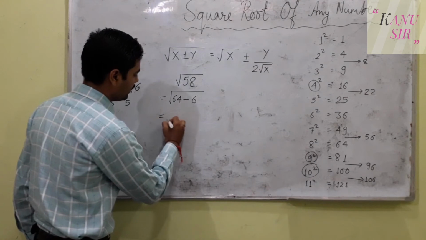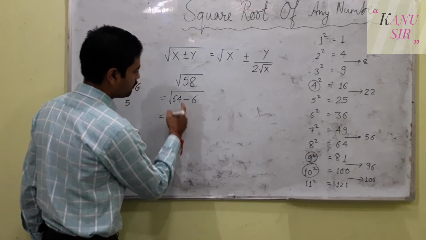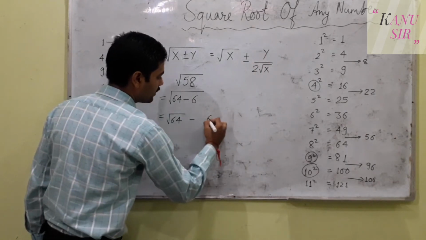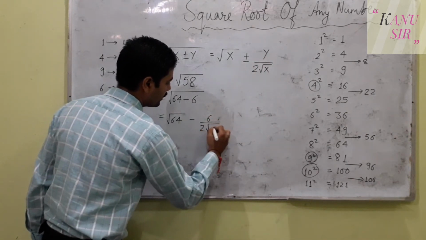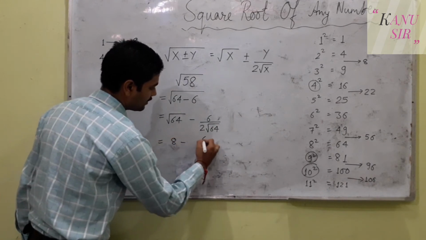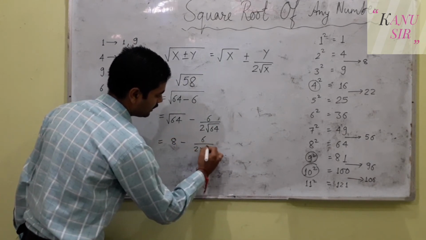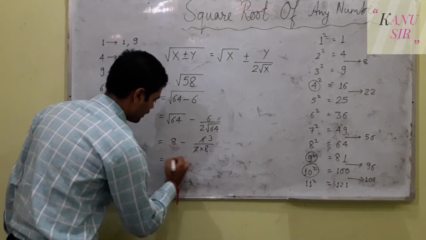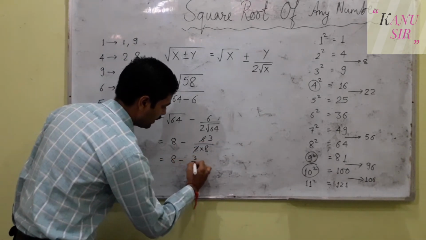Similarly we will take 64, because there is minus, we will write minus, y is copied here as it is, over 2 times root 64. Then you will get 8 minus 6 over 2 times 8. Then you can divide: 2 times 3 is 6, so 8 minus 3 by 8.